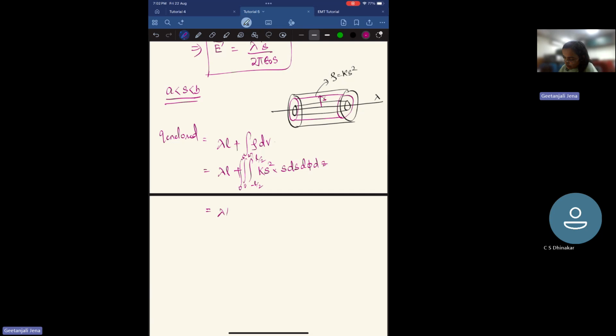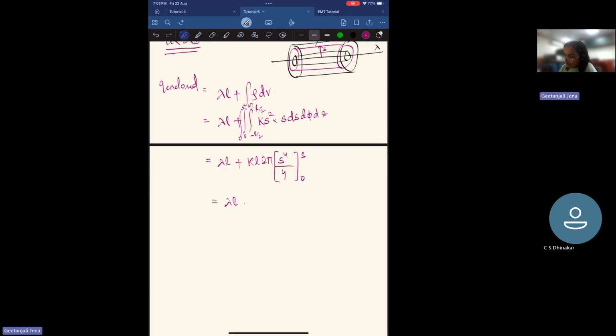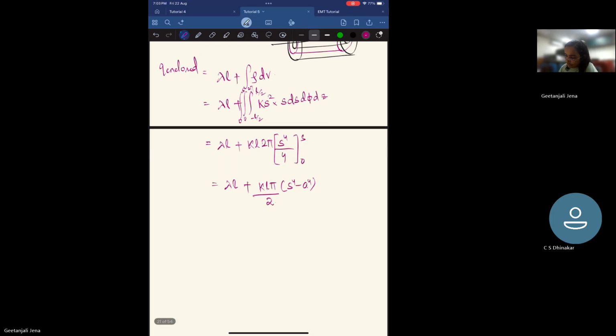So this will give lambda L plus, Z will give L, so K L times 2 pi times S to the 4 minus A to the 4 by 4. So we have lambda L plus K pi L times S to the 4 minus A to the 4 by 2. So the electric field, times 2 pi S L, equals lambda L plus K L pi.